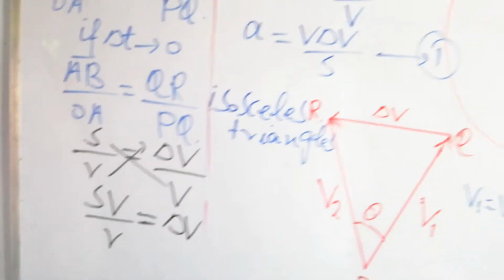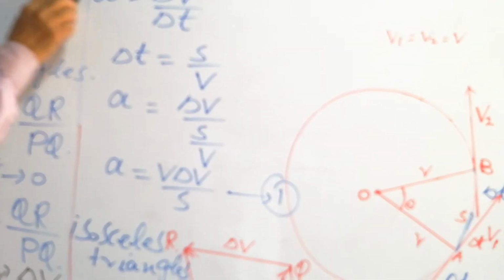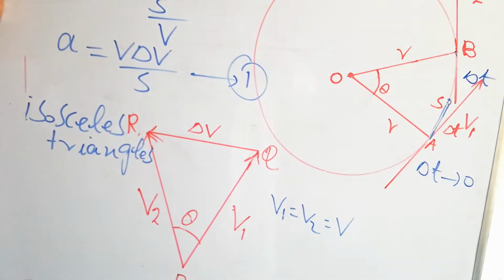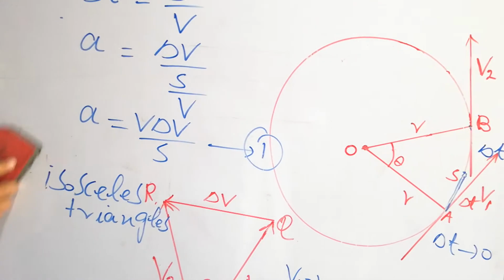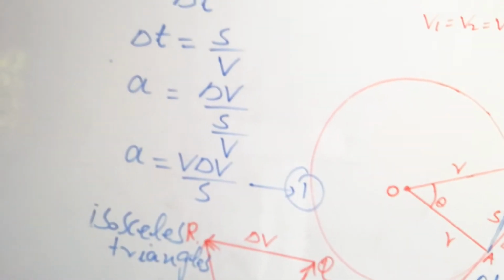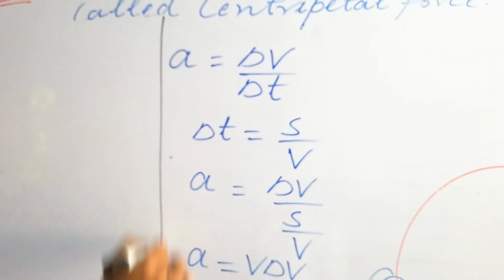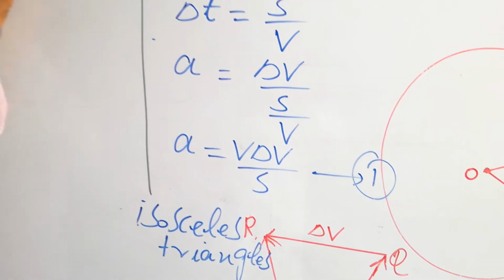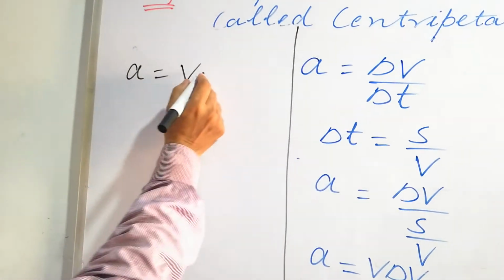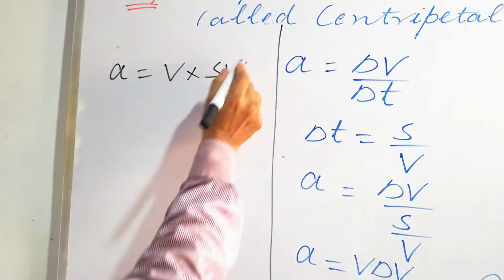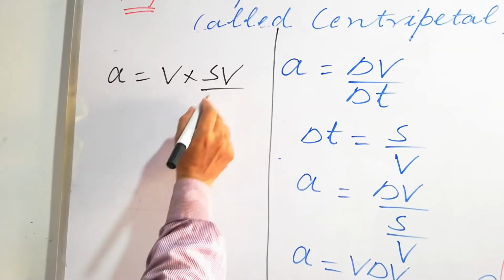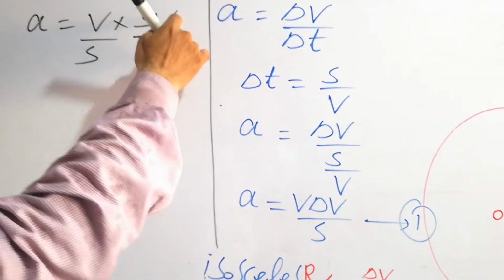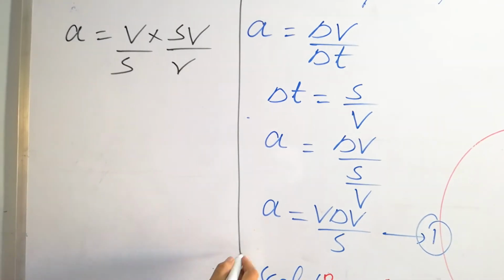So putting this value in equation number 1, look at the case here, A is equal to V, delta V is equal to SV over R. So that is V over S, that is the value of delta V I have just calculated.